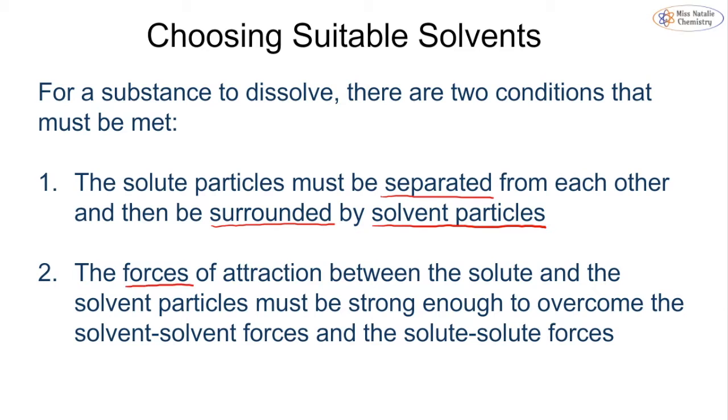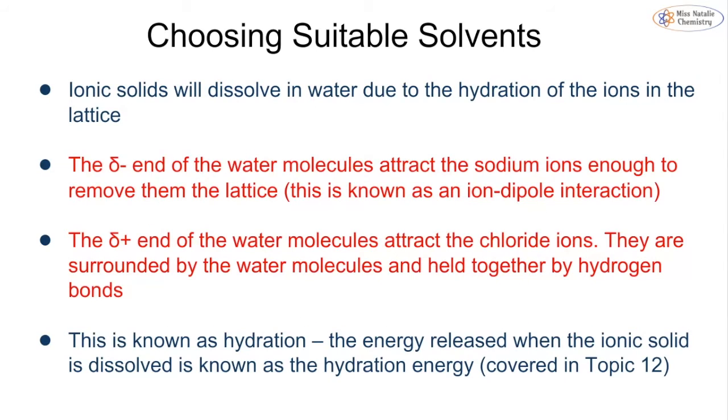And the forces of attraction between the solute and the solvent have to be strong enough to overcome the forces of attraction between two solute particles or two solvent particles. In other words, if your solute is stuck together and the force of attraction is so high that it doesn't want to come apart, it will not dissolve. So we have to make sure that we pick a solvent that will overcome these forces.